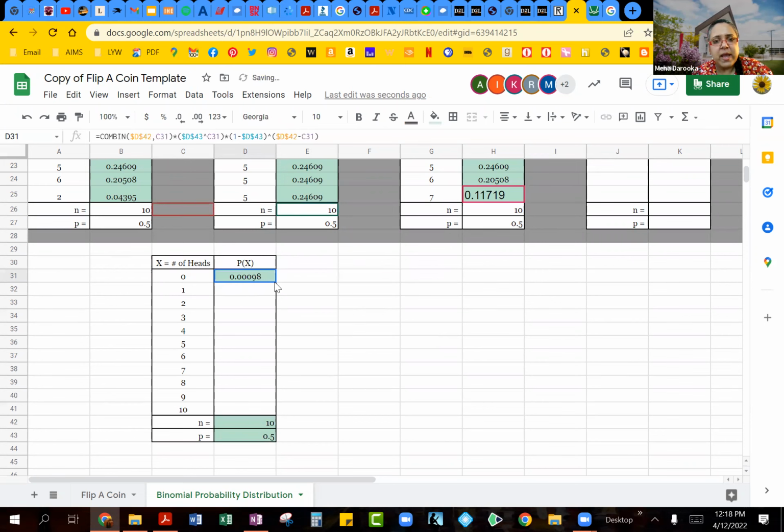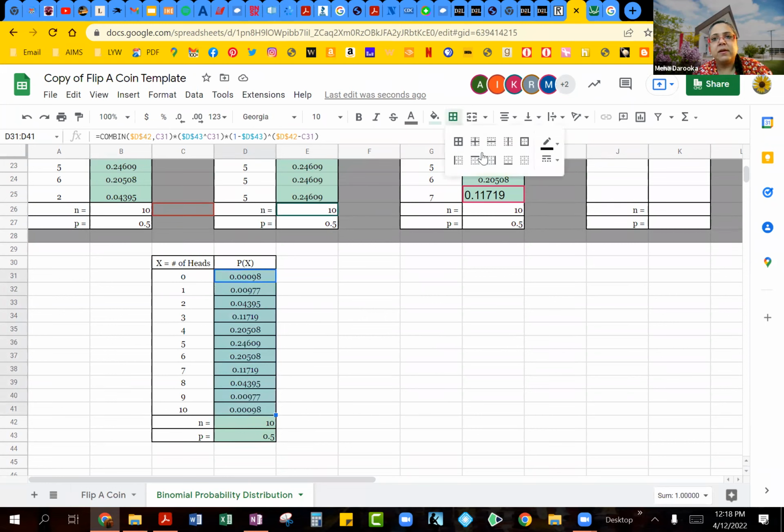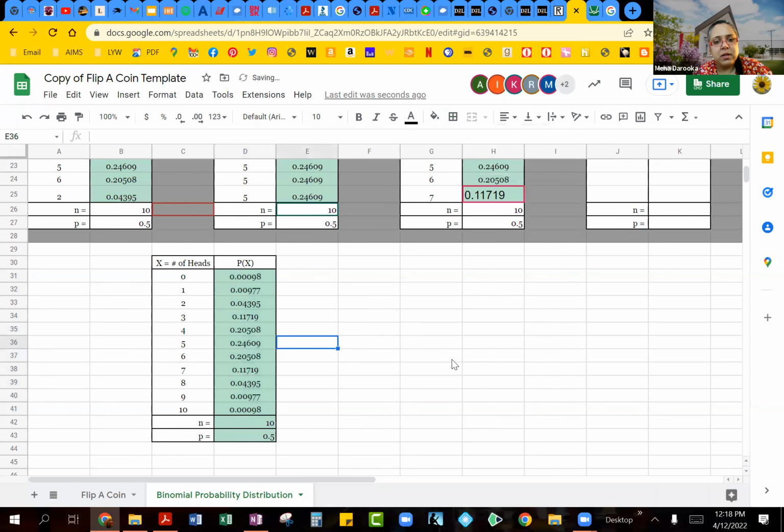Okay, so look what happens when we complete this table. Just look at number of heads for 0 and 10, and 1 and 9, and you will see those probabilities come out to be the same.